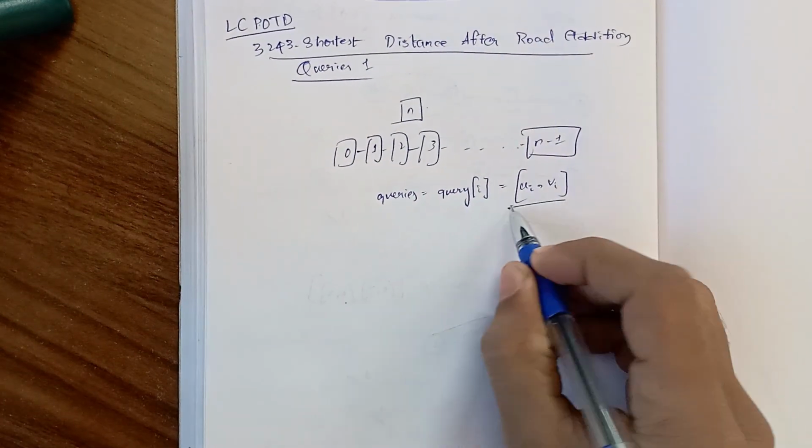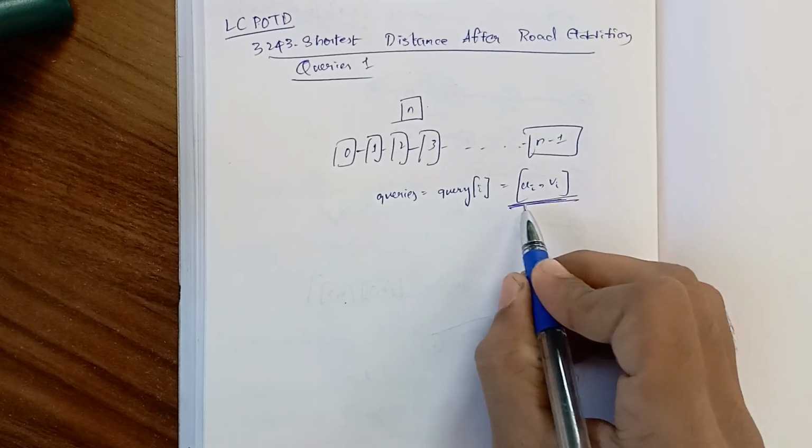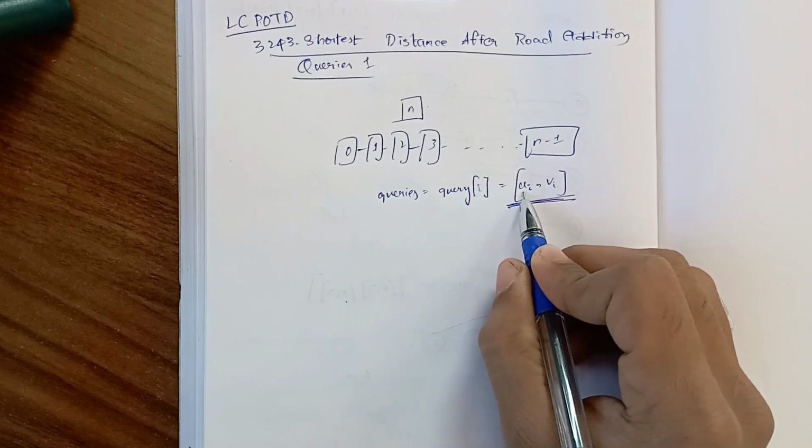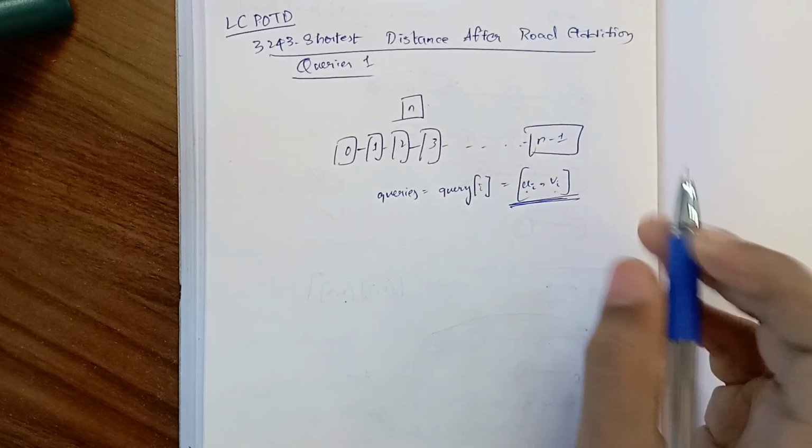And after every query, this query means there will be a new construction of road from ui to vi.